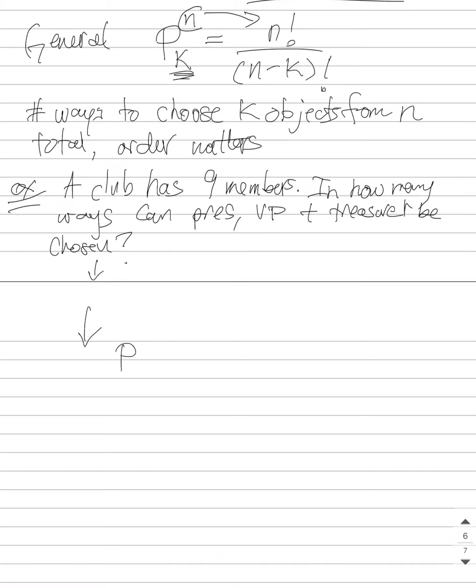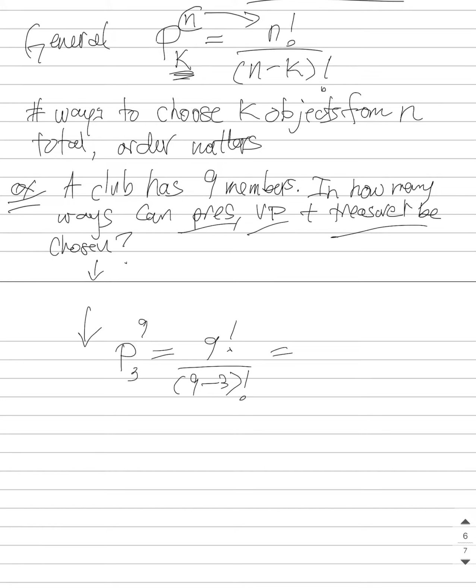You could think of this as, look, I've got 9 objects in total to choose from, and I want to be able to choose groups of 3. So I would have 9 factorial over 9 minus 3 factorial. And here I care about the order, right? I need to know who's going to be the president, and who's going to be the VP, and who's going to be the treasurer. It very much matters who is doing which job.